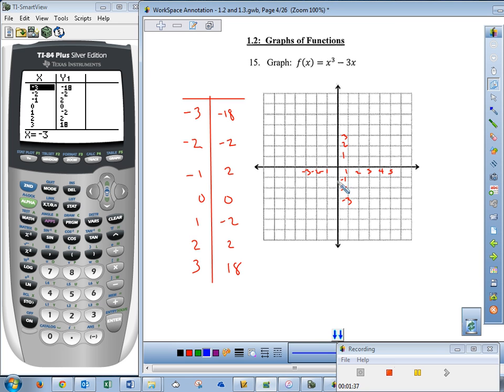On the x-axis, I just went 1, 2, 3, 4, 5. You don't have to put the whole thing on all of them. Just label in our scale. And on the y-axis, I went 1, 2, 3, and etc. Just showing the reader, which is me, the teacher, the person that's reading your homework, what the graph is all about. And now I'll plot those points. -3, -18. So, my bad. I went 1, 2, 3.